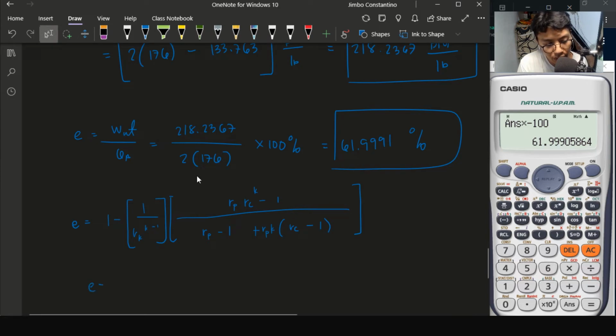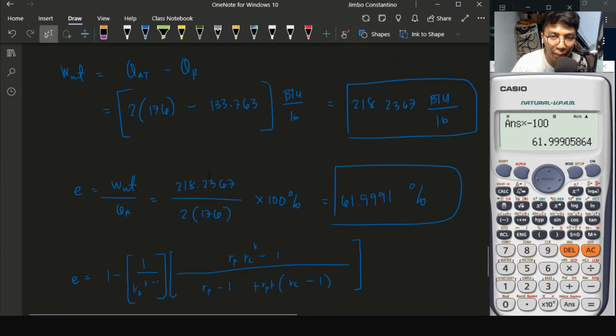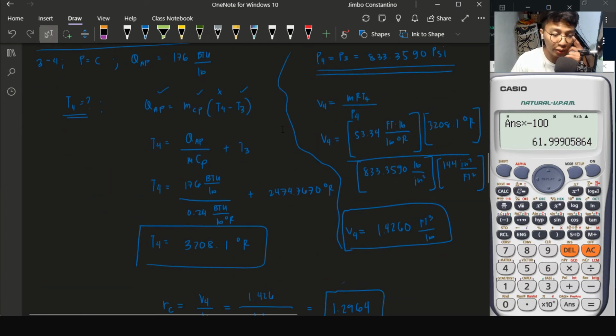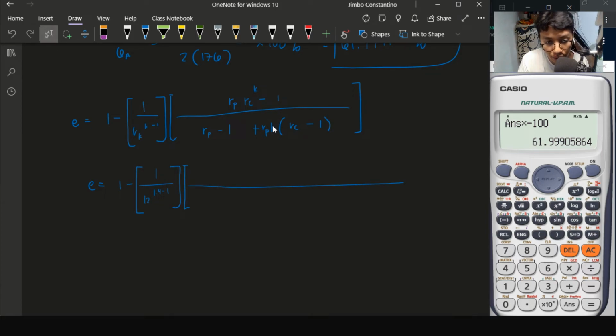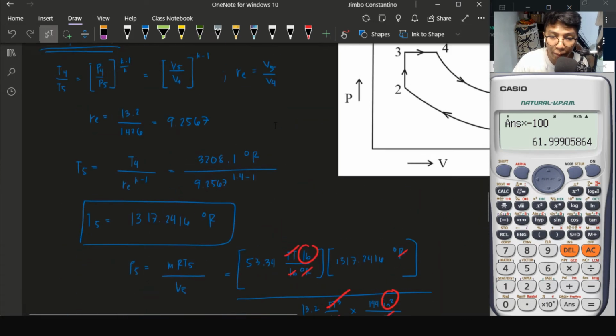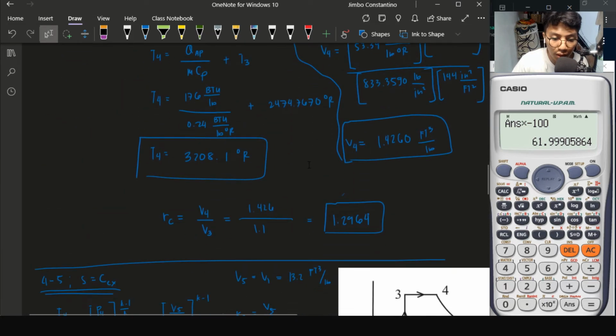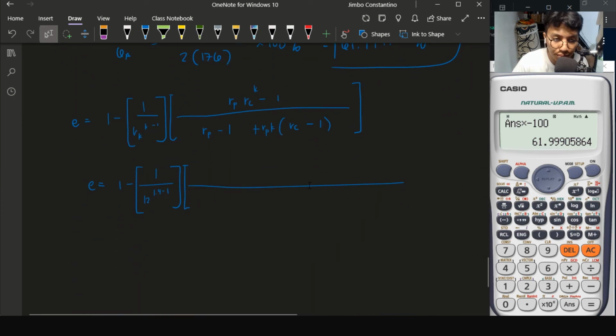So, E is equal to 1 minus 1 over RK na nakuha mo. RK is 12, 12 raised to 1.4 minus 1, okay, bracket, bracket, bracket. Divided by RC na nakuha ko, 1.2964, 1.2964 raised to 1.4 minus 1.